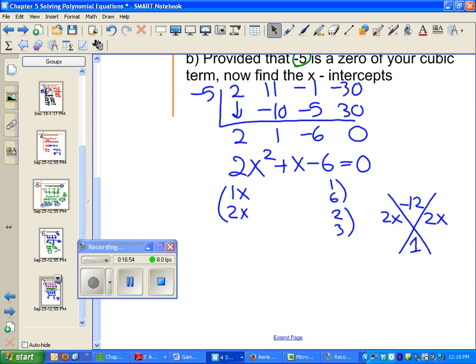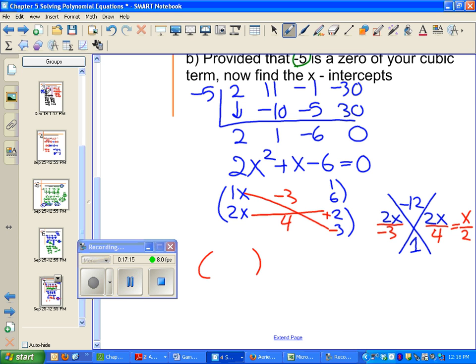Okay, so we have, let's see, 2x times 2 is 4, and that would be a positive, and then this would be a negative 3, and that would be a difference of 1. You could also do this, so you have negative 3 and positive 4, and this reduces to x over 2.